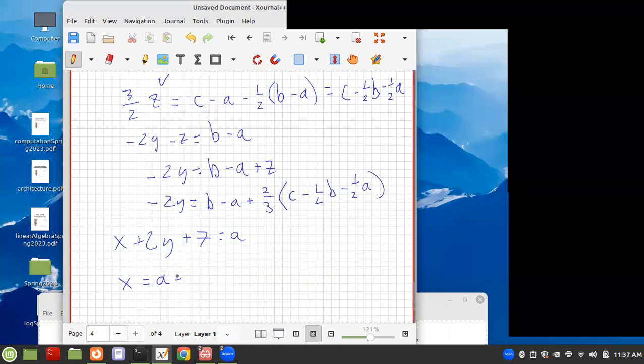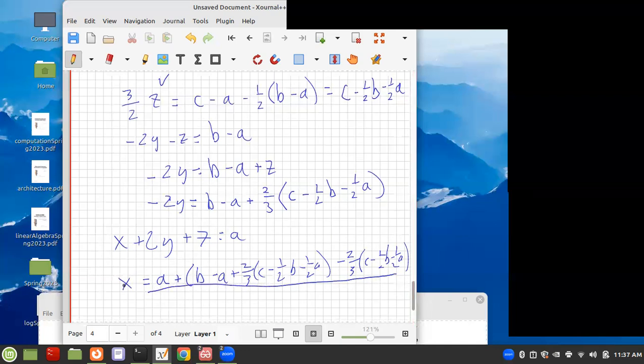Well, minus 2y is plus this whole thing here, so it's going to be b minus a plus 2/3 c minus 1/2 b minus 1/2 a, and then we'd have to do minus z, which would be minus 2/3 c minus 1/2 b minus 1/2 a. And you can see, this form doesn't really matter. It just matters you have a solution.